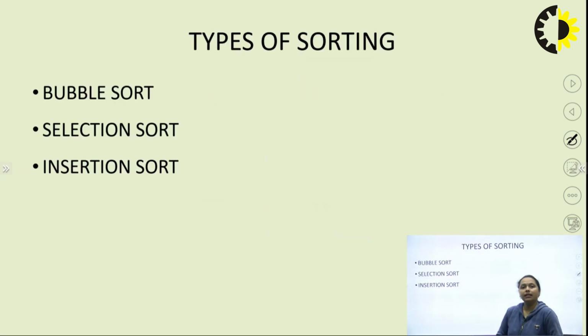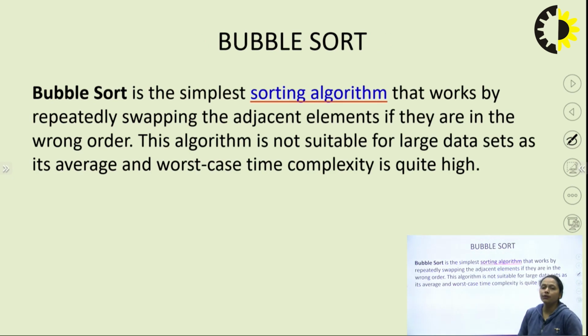So in our syllabus, we have three types of sorting techniques, that is bubble sort, selection sort and insertion sort. One by one, we are going to discuss all these three sorting techniques in detail. First of all, we have bubble sort. Bubble sort is one of the simplest techniques that works by repeatedly swapping the adjacent elements after checking their order.